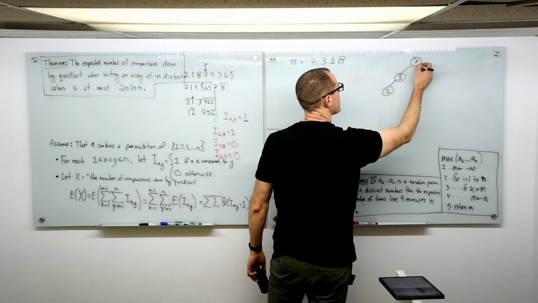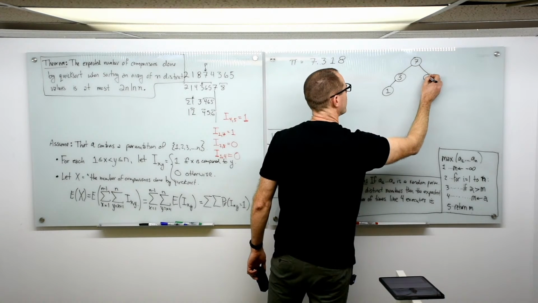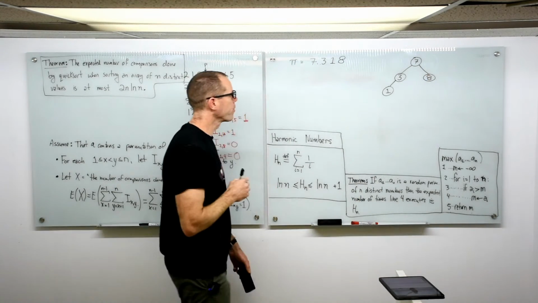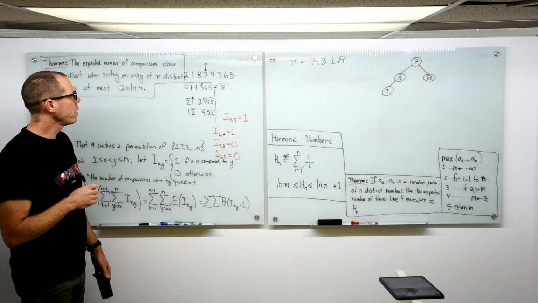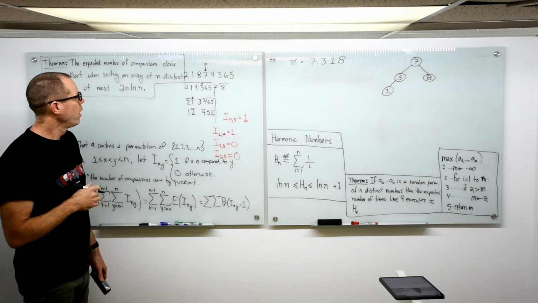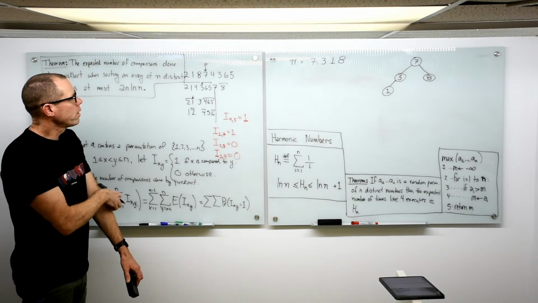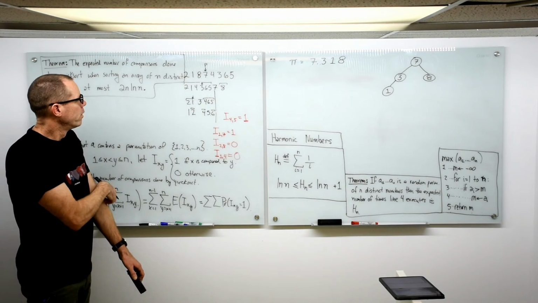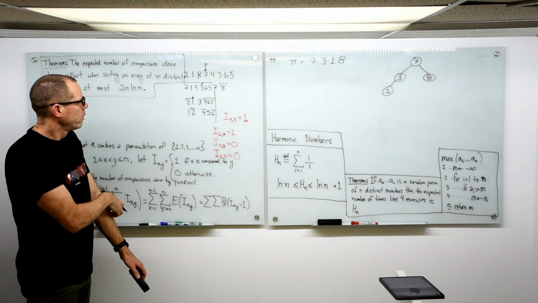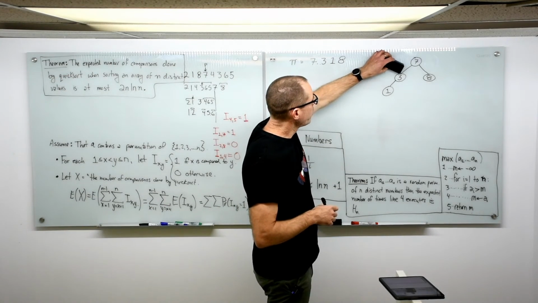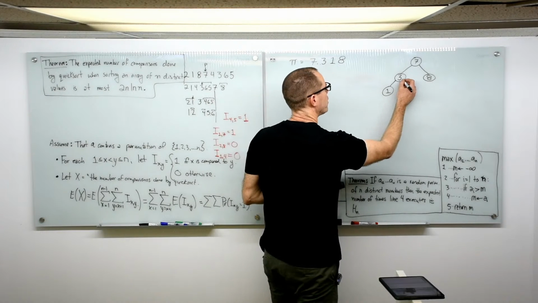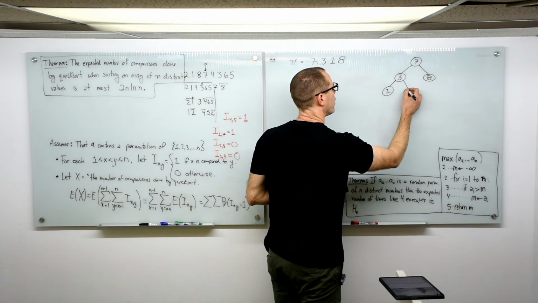So 8 is bigger than 7, so it goes there. Let's say that the next thing that we see is 5. 5 is smaller than 7, but bigger than 3, so it should go there.